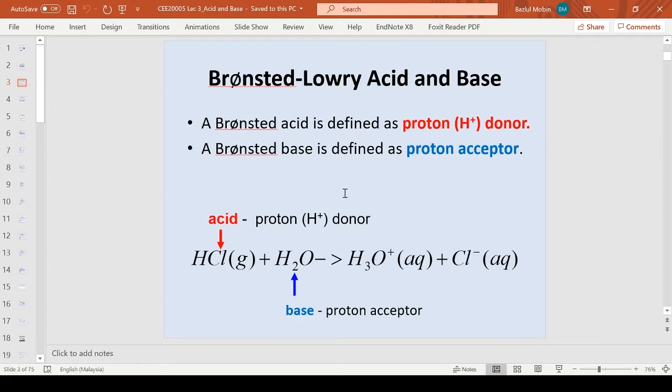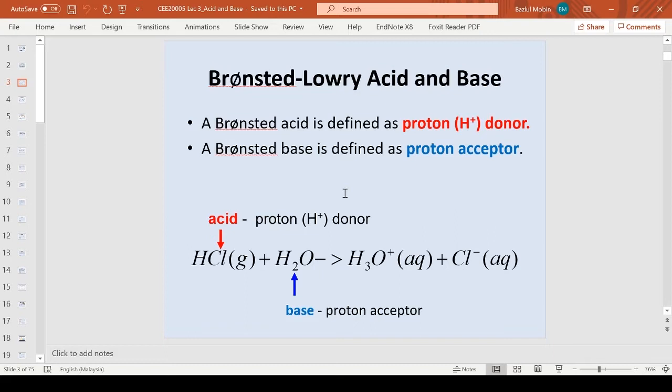An acid is a species or molecule that will give a proton, and a base is another one that accepts a proton. So for Bronsted and Lowry, acid is only based on proton or hydrogen ion. The acid will donate a proton, and the base will take that proton donated by the acid.